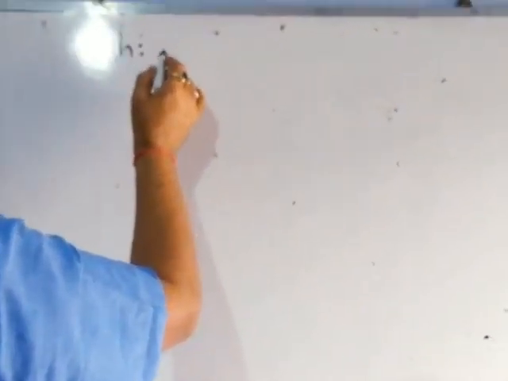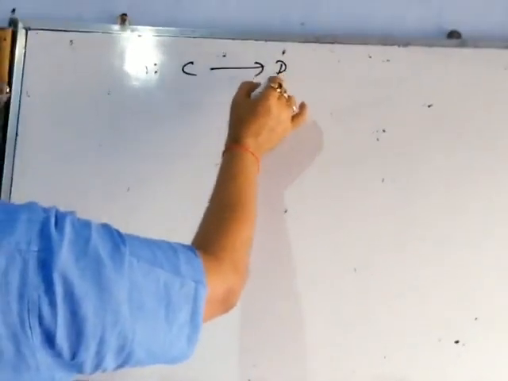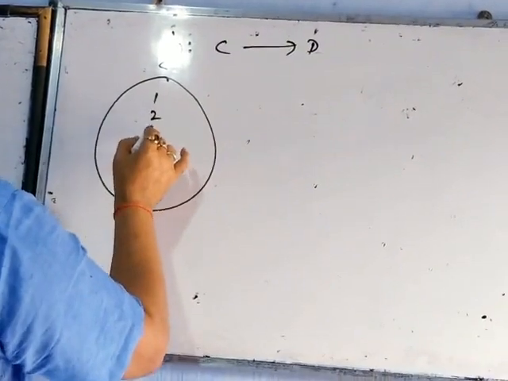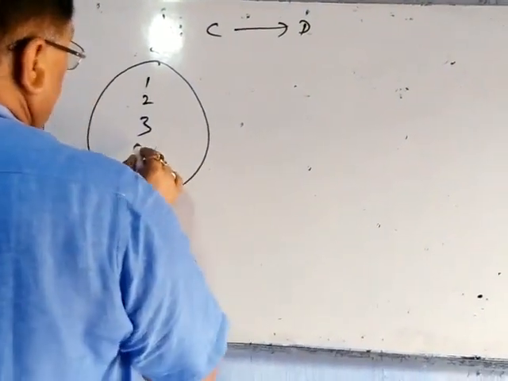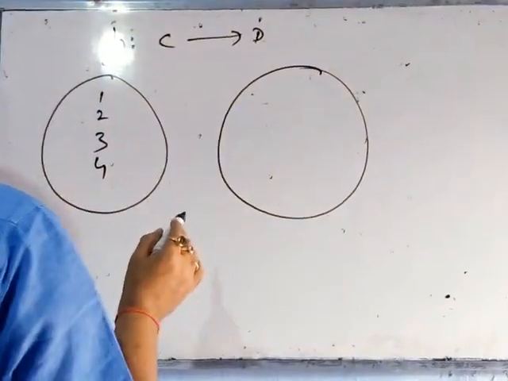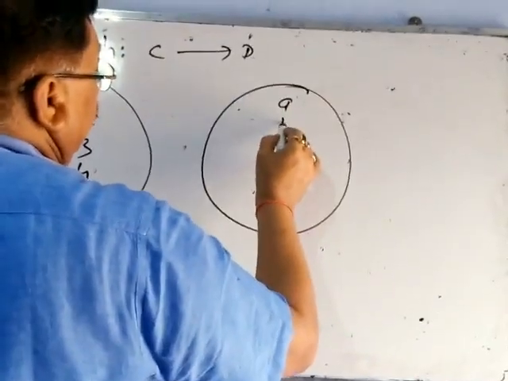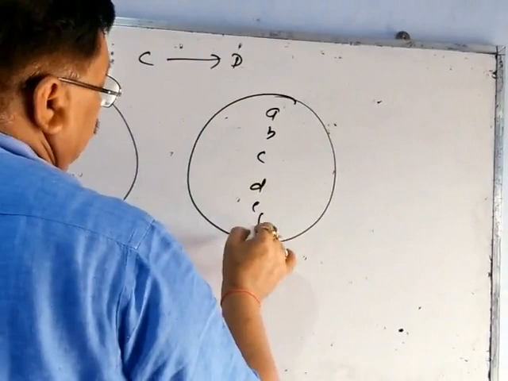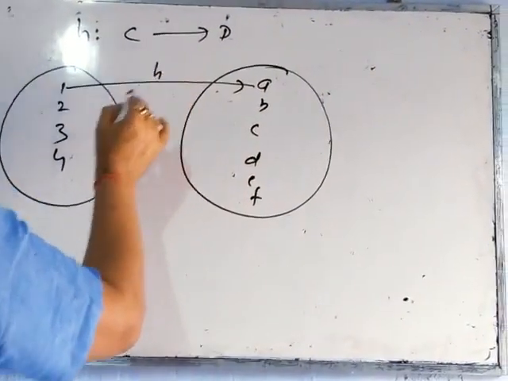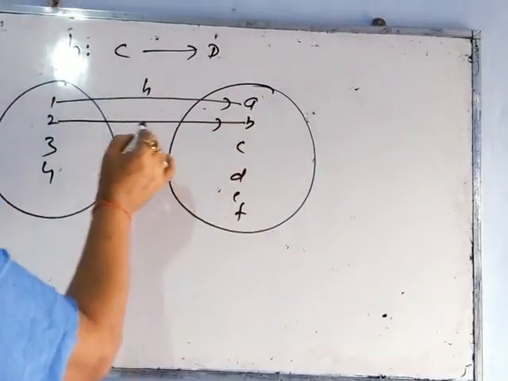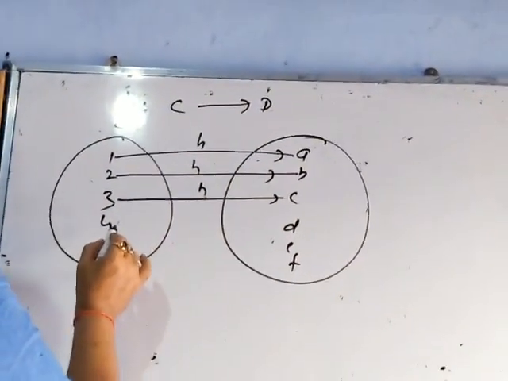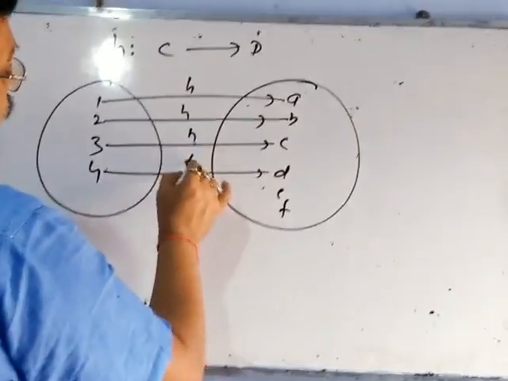H is a function from C to D such that C has elements 1, 2, 3, 4 and here D has A, B, C, D, E, F. So 1 is related to A under function H, 2 is related to B under function H, 3 is related to C under function H, 4 is related to D under function H.